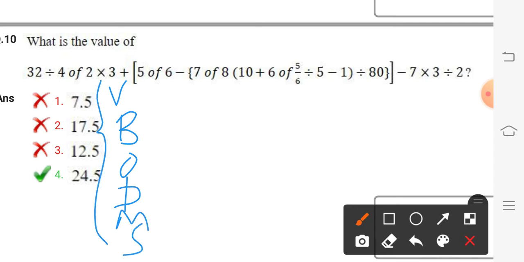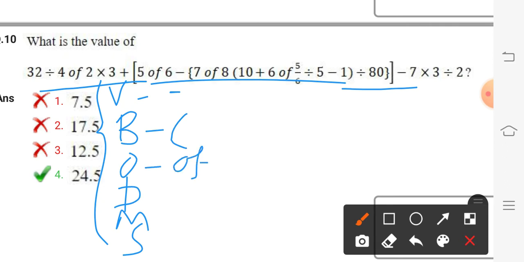According to this rule, we follow this order to solve these numbers with plus or minus symbols. V means vinculum, that means bar. B means bracket. O means of. D means division, M multiplication, A addition, S subtraction.